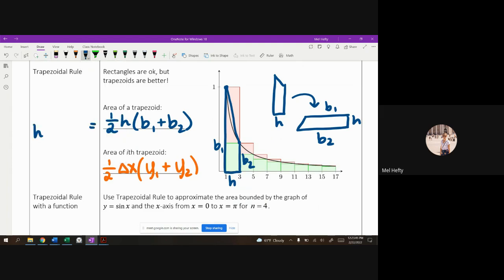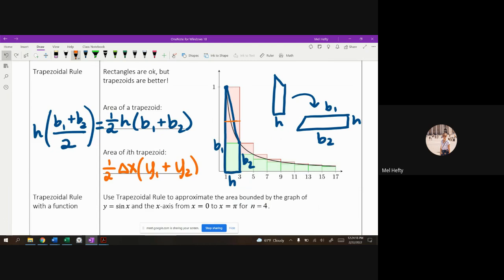Your height is the same as last time, but these bases are really just being averaged. That triangle makes me average the 2 heights to even them out. I always write the 1/2 out front just because that's how I learned it. But if you want to write it the other way, essentially you're finding a perfect height of these 2, cutting it in half, and finding the area of that rectangle, so taking this part and adding it down here.